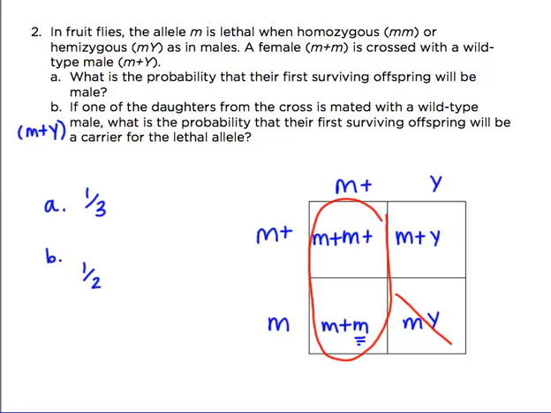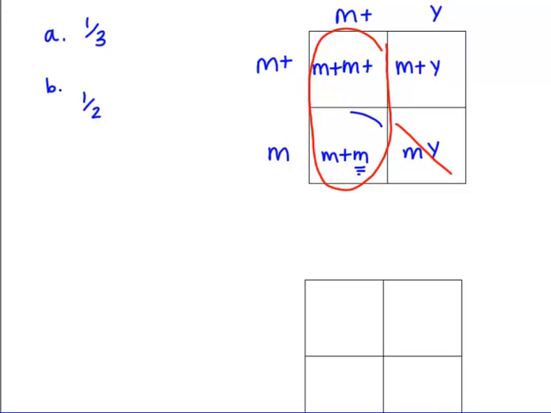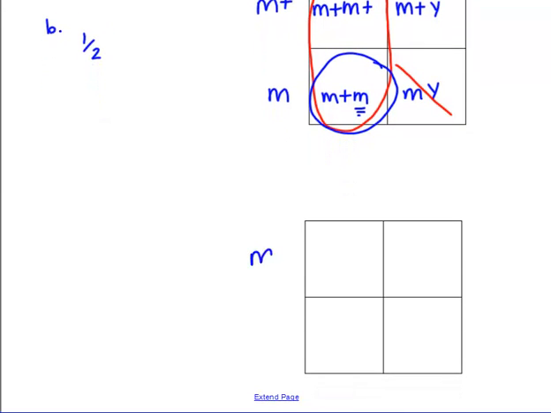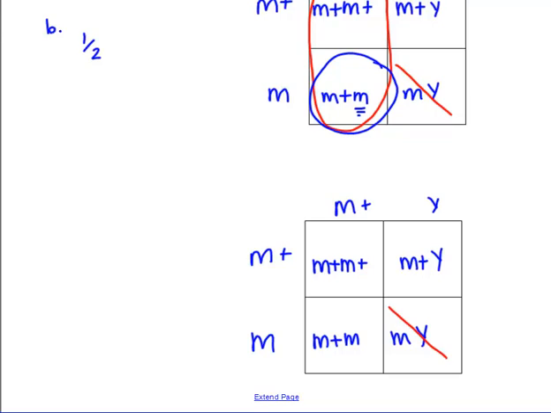Now, if you cross this female with a wild-type male, it's going to be the same as above, but let's just draw it again. Okay? And again, this individual is lethal. It's not born.